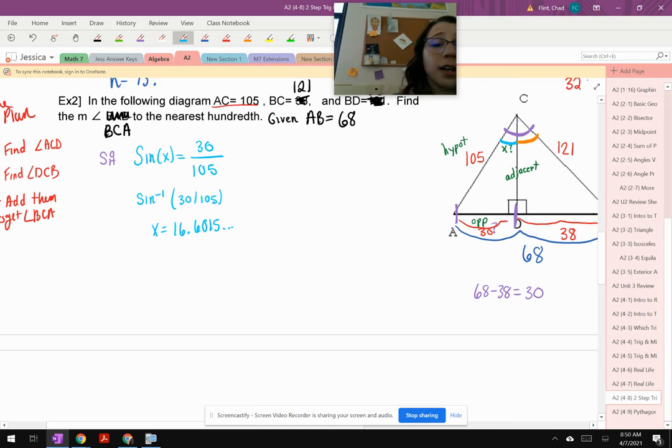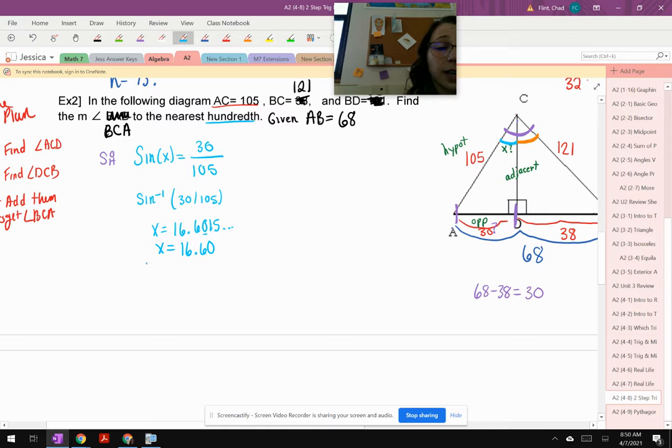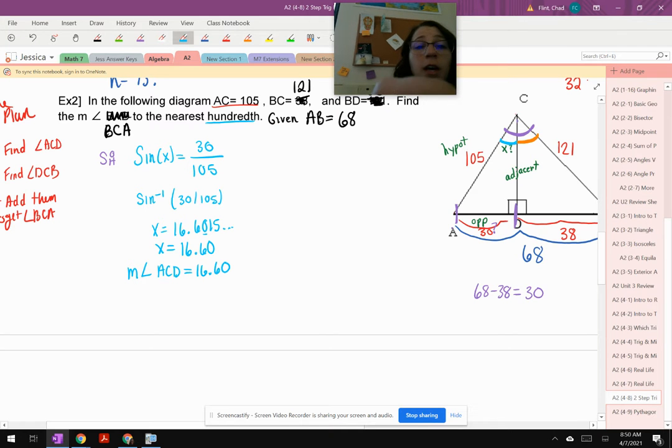This is asking me to round to the nearest hundredth, so I will do that. So x is equal to 16.60. So we have that light blue angle now. So the measure of angle ACD is equal to 16.60.